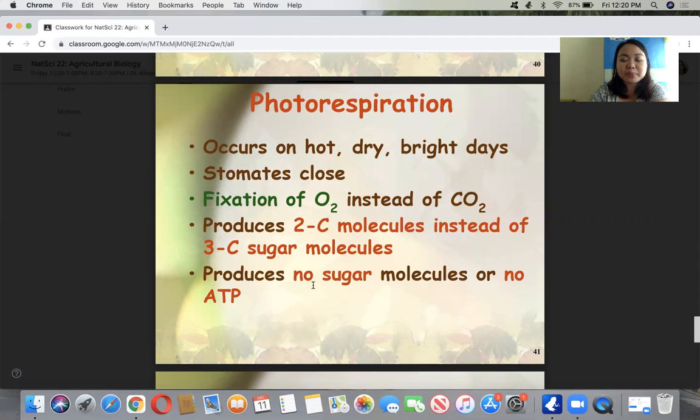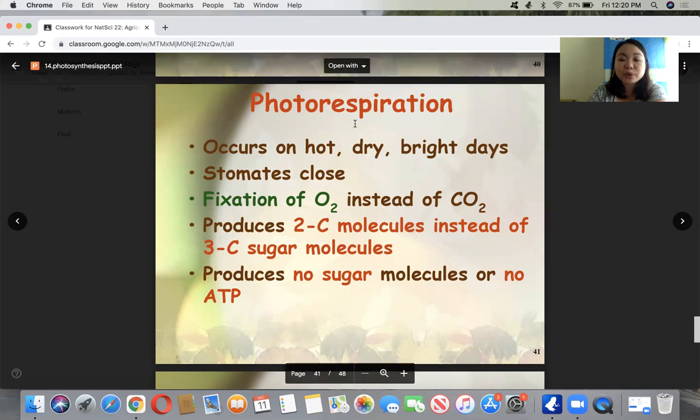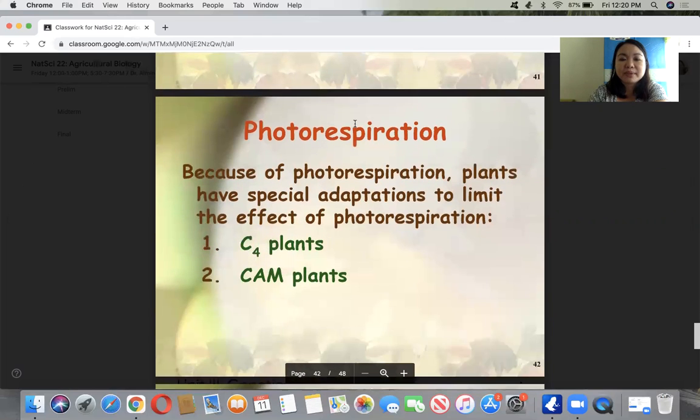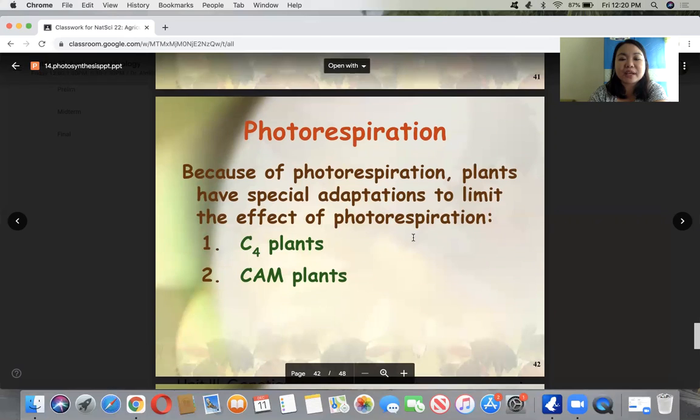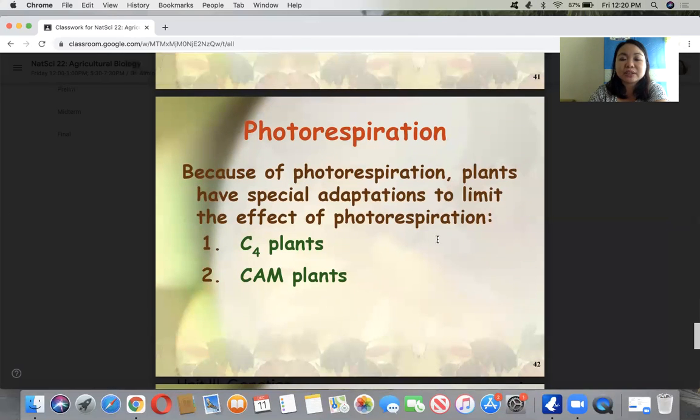So it produces no sugar molecules or no ATP at all. This is called photorespiration, and plants have special adaptations to limit the effect of photorespiration, and these are known as the C4 plants and the CAM plants. So we have therefore 3 classifications of plants based on the photosynthesis reaction.